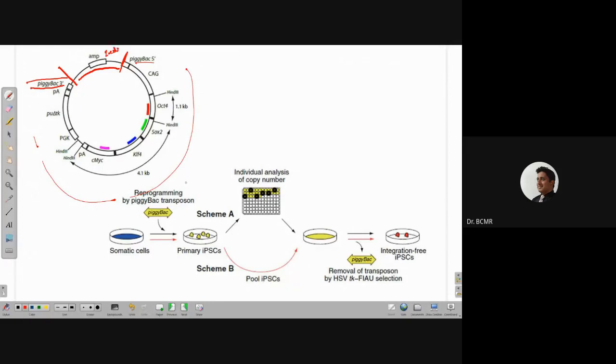They have a CAG, a constitutive strong promoter, and then the OCT4 reading frame. Then a self-cleaving peptide, SOX2, a self-cleaving peptide, KLF4, a self-cleaving peptide, and c-MYC. At the end, they also added a polyadenylation tail.